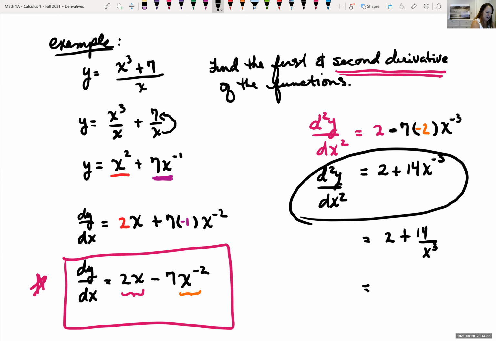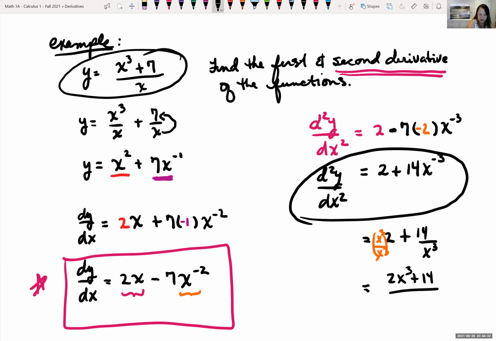And if I want to go back to what I had started with as a single fraction, I could take this a little further and multiply that first term, 2, by x cubed over x cubed, getting a common denominator. And my answer is going to be 2x cubed plus 14, all over x cubed.